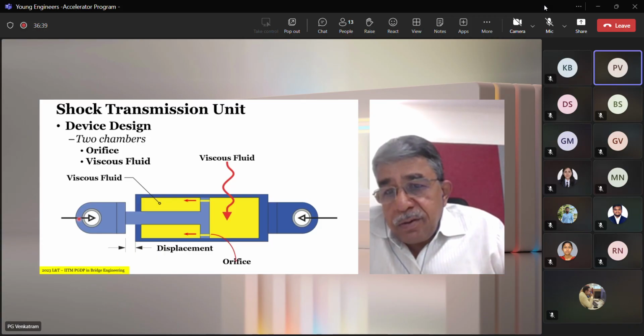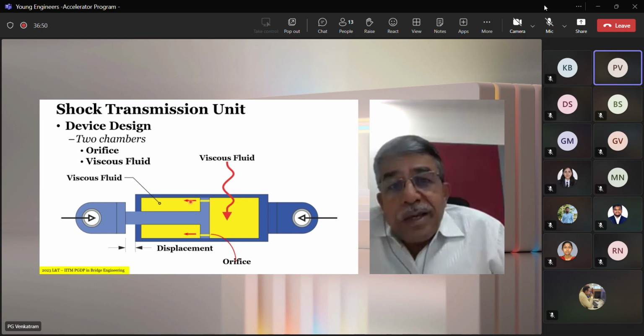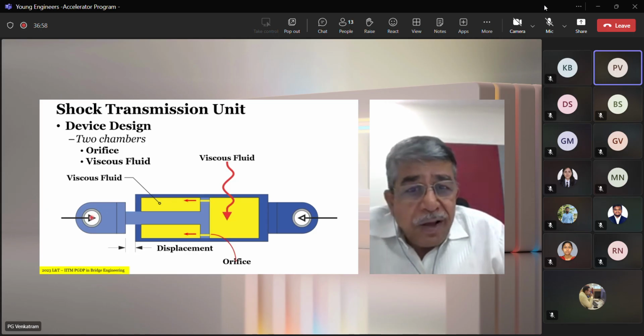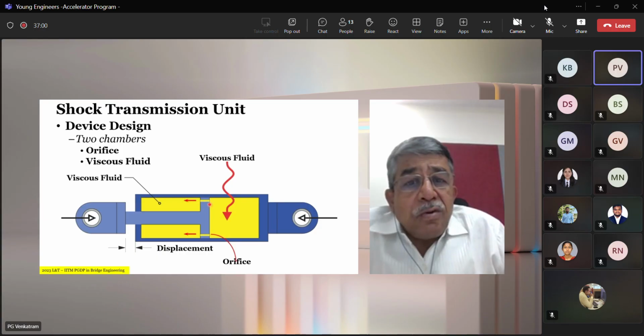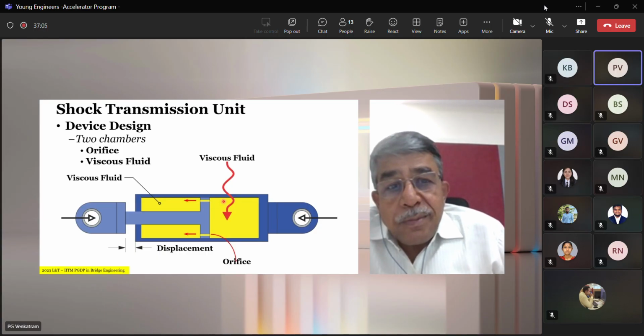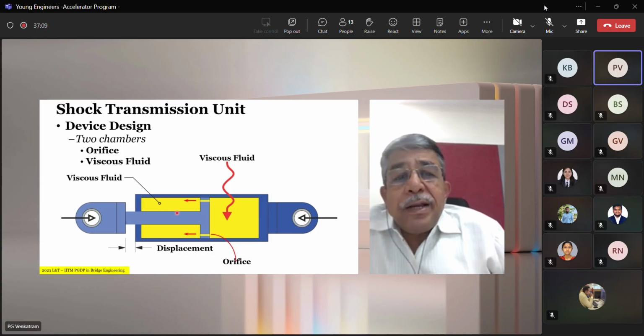Let us say the displacement is in this direction. This piston will move this side. If the velocity of displacement is slow, then the fluid will be able to flow from the left hand side to the right hand side, thereby permitting movement. But if this piston moves at a very fast pace, this orifice is not big enough to allow the fluid to escape from the right chamber to the left chamber at the same speed, thereby locking it.